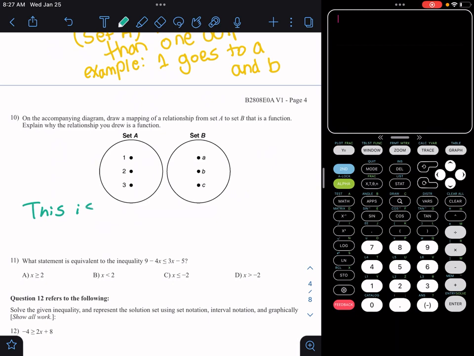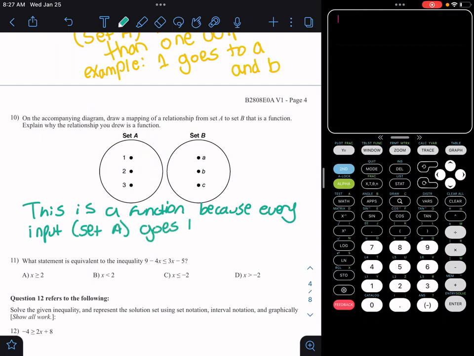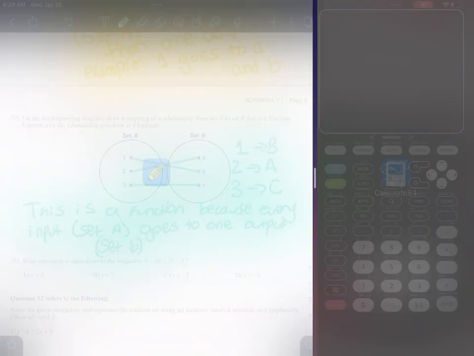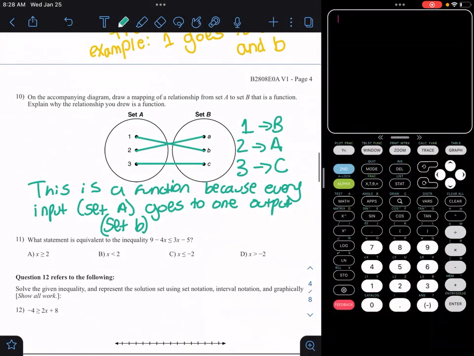This is a function because every input, which the input is set A, goes to one output, set B. So we just need to make every input, so we'll make 1 go to B, 2 go to A, and 3 go to C. That is a function because every input goes to one thing. 1 goes to B, 2 goes to A, and 3 goes to C. Each input is going to one output. Nice job. All right, let's look at number 11.